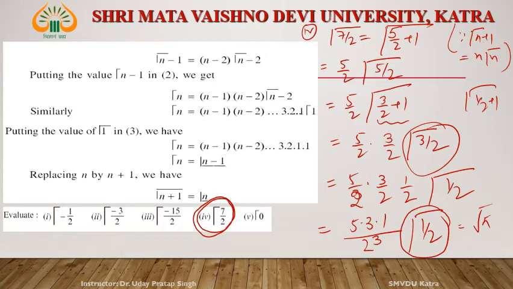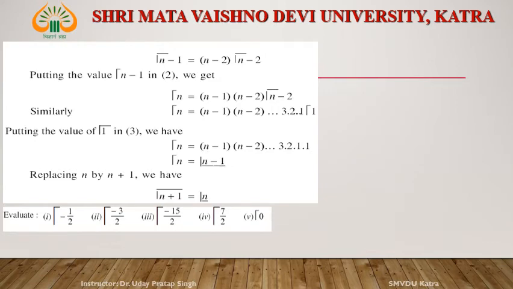Now come to this point, gamma of minus 1 by 2. What is gamma of minus 1? By definition of the gamma function we can say this is undefined. But we know that gamma of n plus 1 is equal to n into gamma n. This relation we already proved.